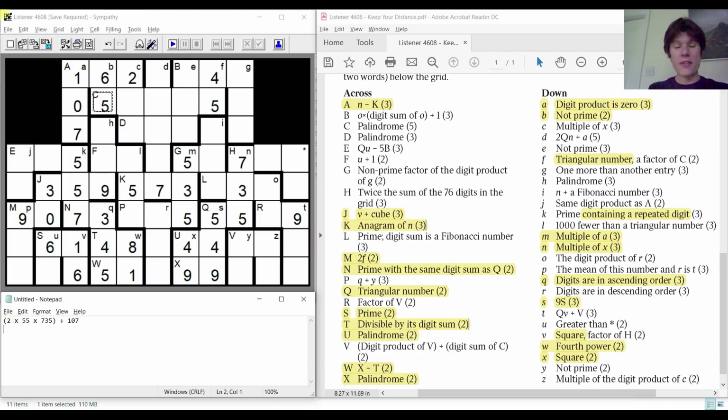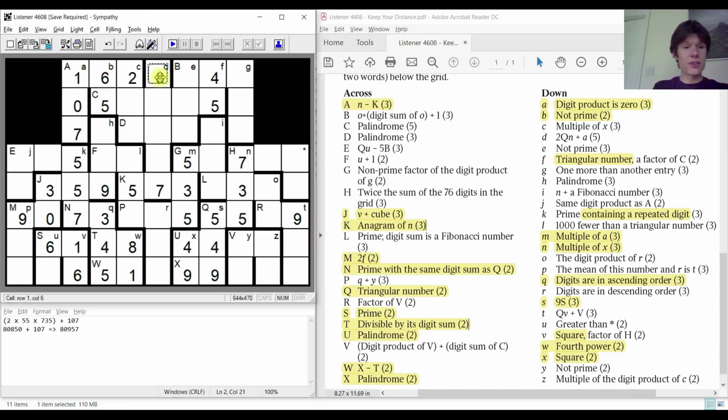Well, 2 times 55 is 110, so we can work out that multiple quite easily. 735 times 110: 73500 plus 7350, which is 80850, plus the 107 gives us 80957, and that is the answer for little d down, 80957. So I can cross the clue for little d down off.